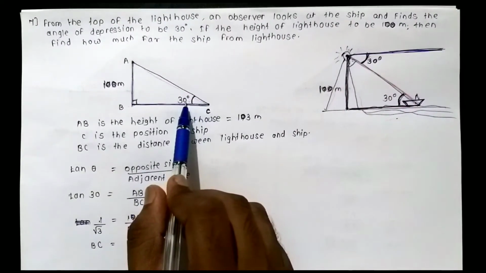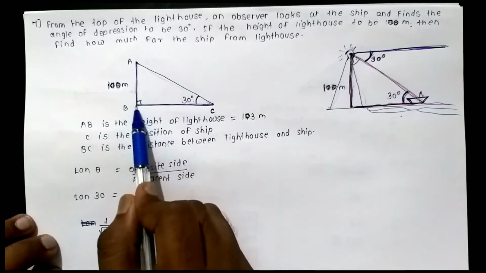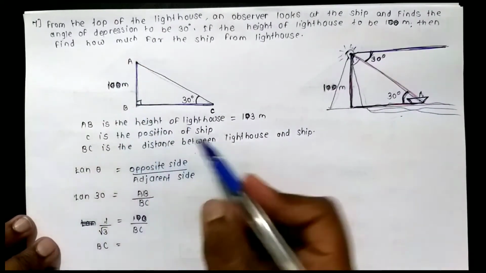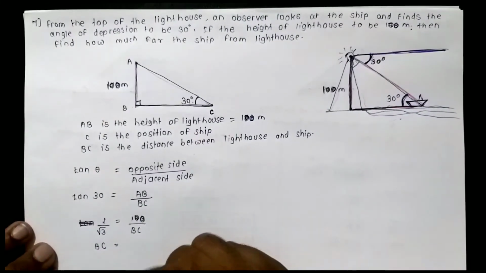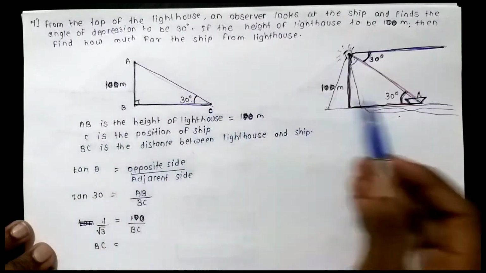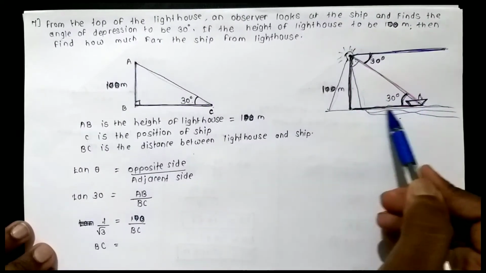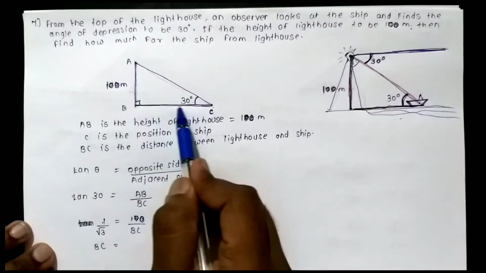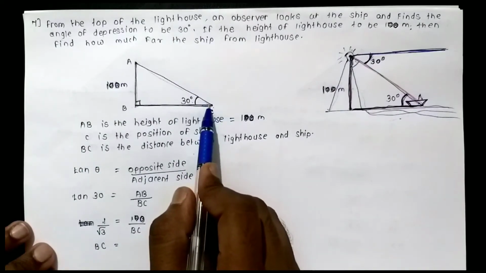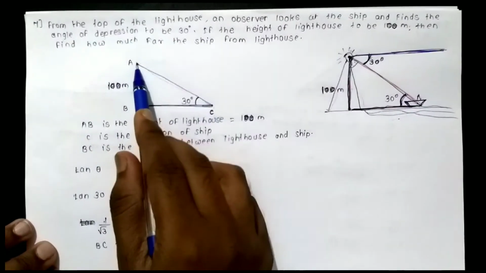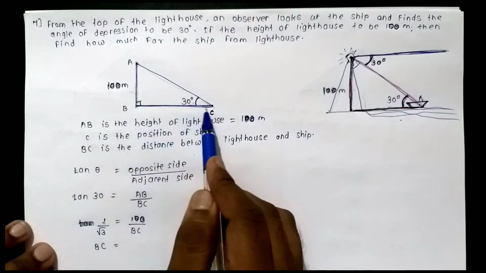Now write all the information: AB is the height of the lighthouse, that is 100 meter. C is the position of the ship, and BC is the distance between the ship and the lighthouse. Now I know the opposite side and I have to find the adjacent side.